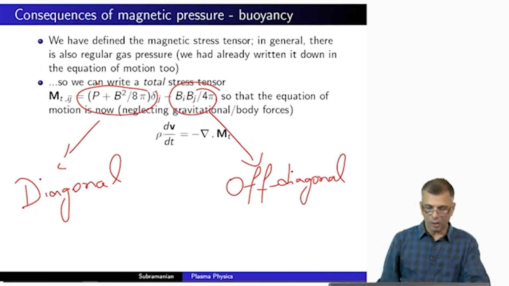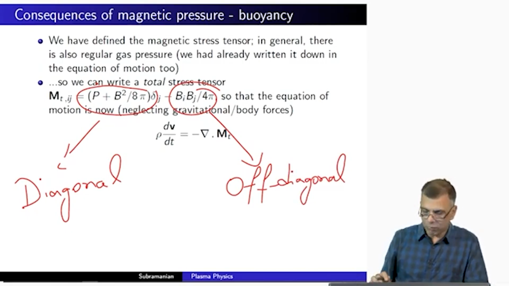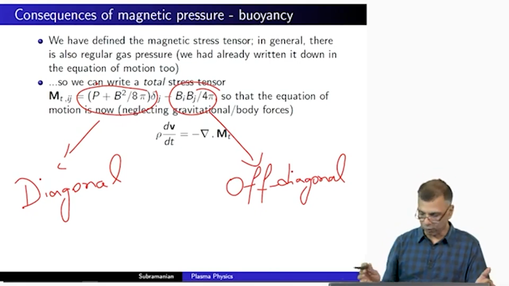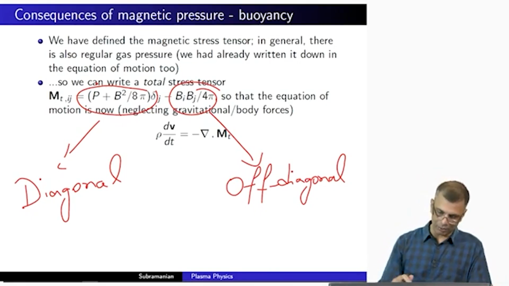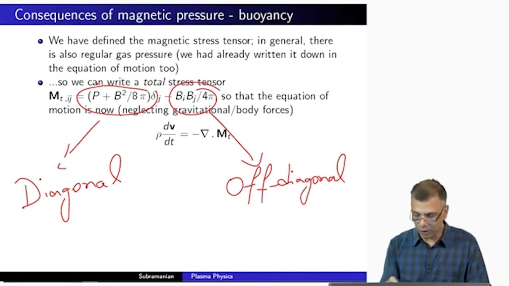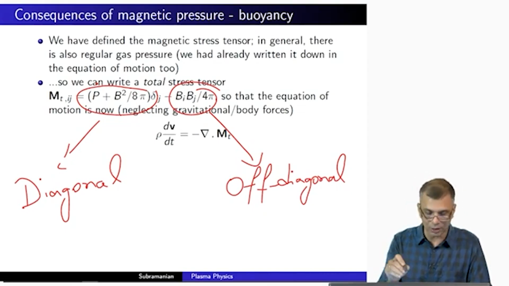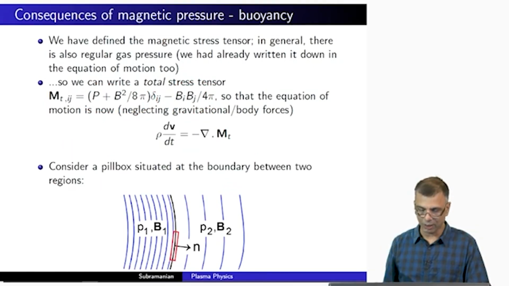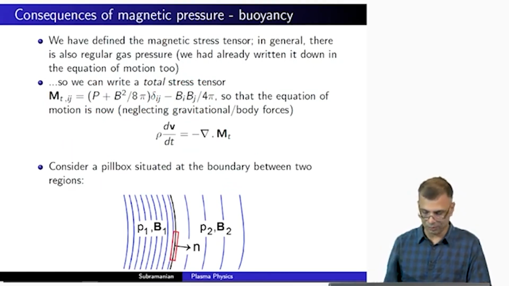So now let us for a minute say body forces are not important. Neglecting those, you can write down the equation of motion as rho dv dt equals minus divergence of a total stress tensor, which includes gas pressure as well as magnetic pressure, the Maxwell stress tensor, right? But the stress tensor is this.